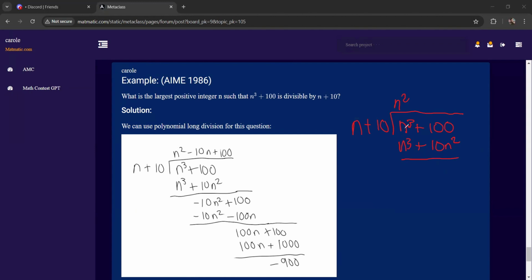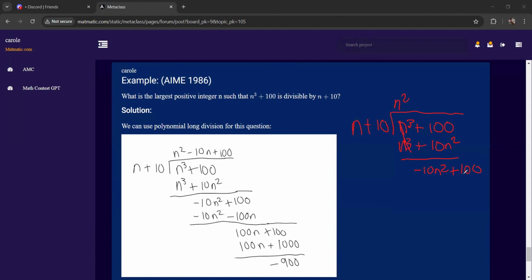So now that our n to the power of 3 has been canceled, we're left with subtracting these. This can't really be subtracted, so we just write it as -10n squared plus 100.